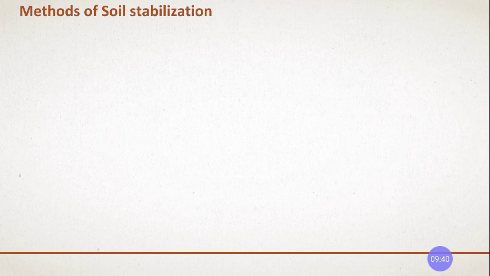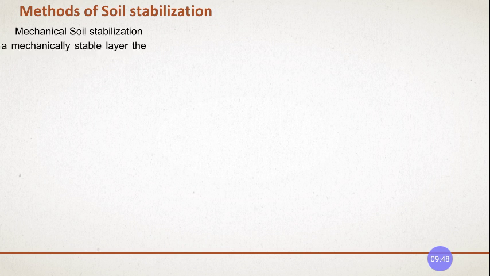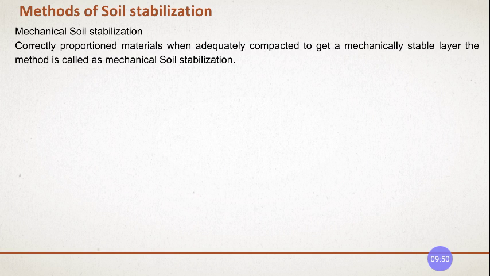Now, which are the different methods of soil stabilization? Mechanical soil stabilization. Correctly proportioned materials, when adequately compacted to get a mechanically stable layer, the method is known as mechanical soil stabilization. In this method, we are not going to add any other material to it.